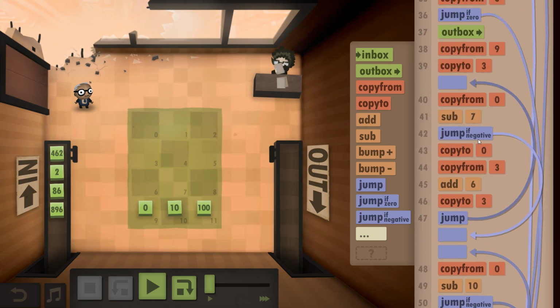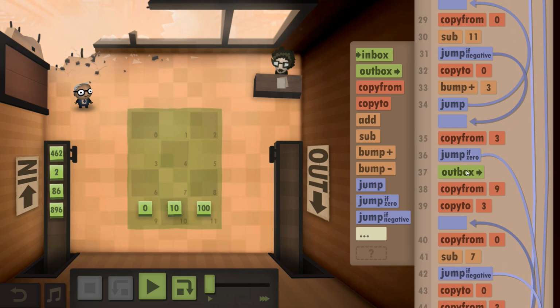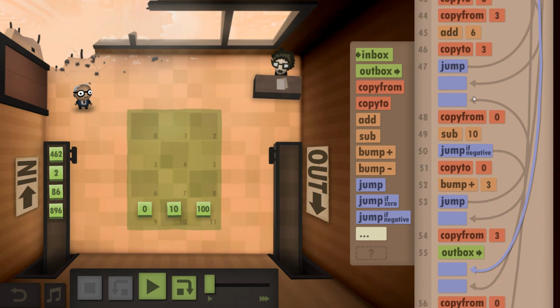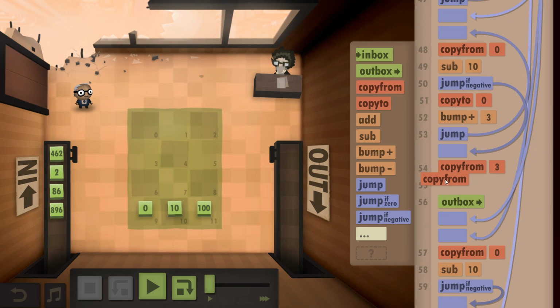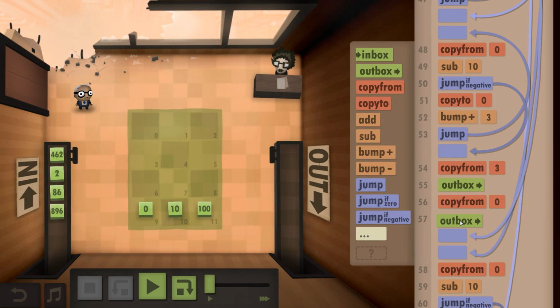Is this the correct case? Yeah, this is the case where I outboxed something. Because this is the jump. Yeah. And then copy from 0 and outbox that.